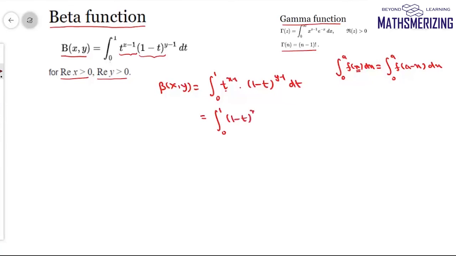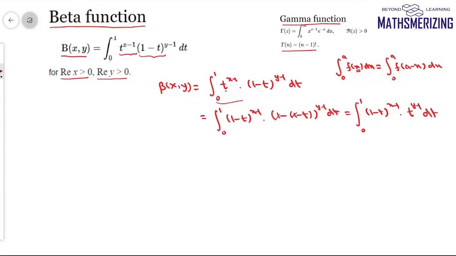So if I replace t with 1 minus t, this is from 0 to 1, 1 minus t to the power x minus 1, 1 minus t to the power y minus 1 dt, which is the integral from 0 to 1. Here it is 1 minus t to the power x minus 1, and here 1 and 1 will cancel. So I'll get t to the power y minus 1 into dt.